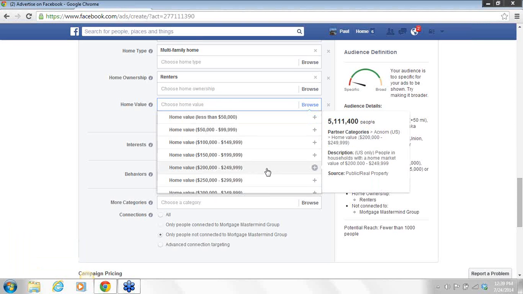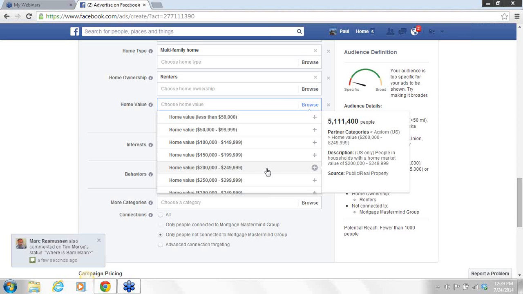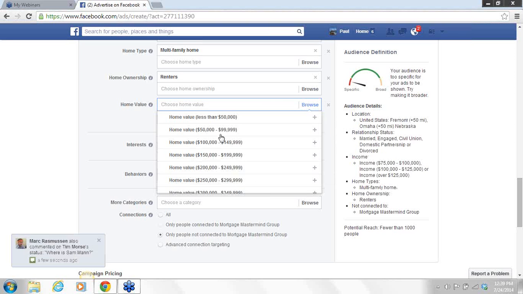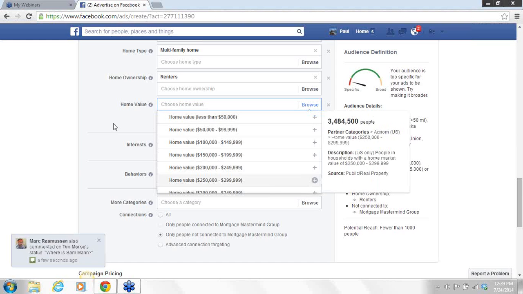Look, you're looking to grow your business or increase your revenue by targeting homeowners of a different sort. Instead of $150,000 buyers, you're looking for those $300,000 buyers. So you can target based on home value.